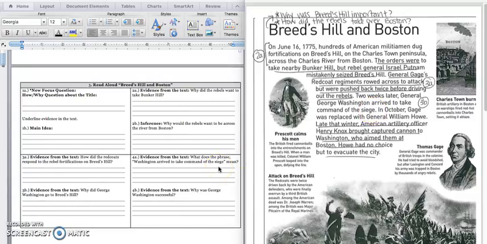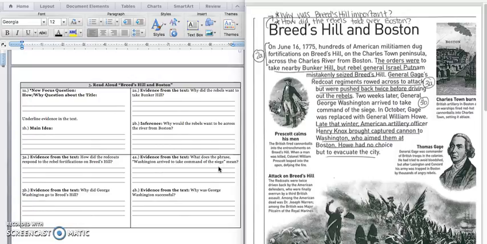So in 4A, we would write, this means that George Washington came to take over command of the Patriots. He was now in charge of trying to get the British army to surrender in Boston. Press pause to write down your answer and play when you're ready for 4B.